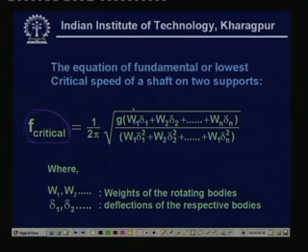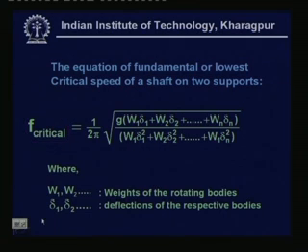Corresponding to the gear you have a deflection delta 1, corresponding to the pulley a deflection delta 2, which are known parameters, and from there you can find out the critical frequency of the shaft by this formula.